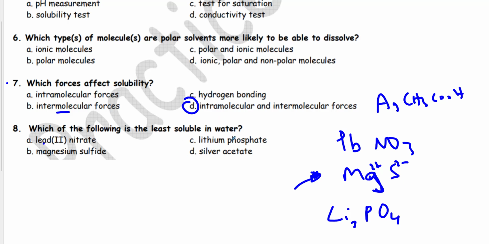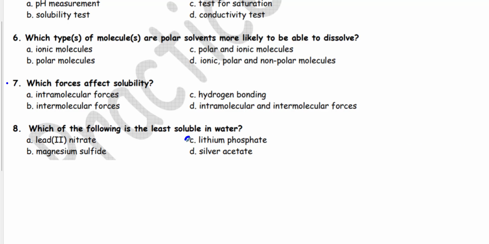So did you check? I'll give you a hint. Nitrates are always soluble. It is, yeah. This is insoluble, right?